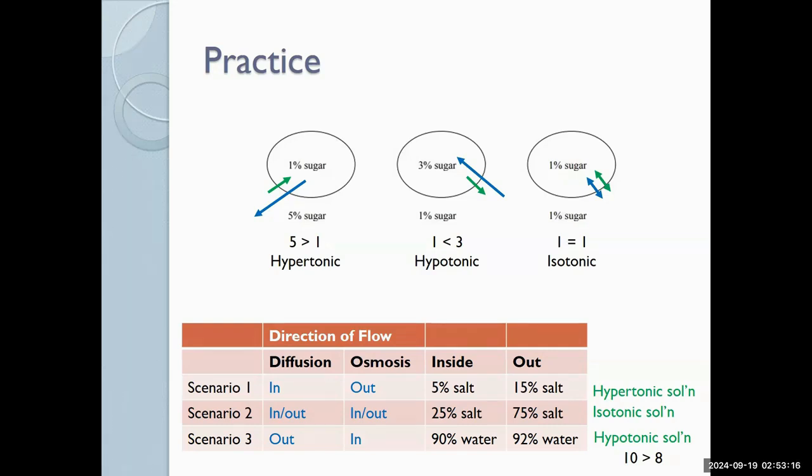And then in scenario 3, we're talking about a hypotonic solution. There's less solute outside, only 8% solute versus 10% inside. And so diffusion is going to go out while water is going to flow in just slightly.